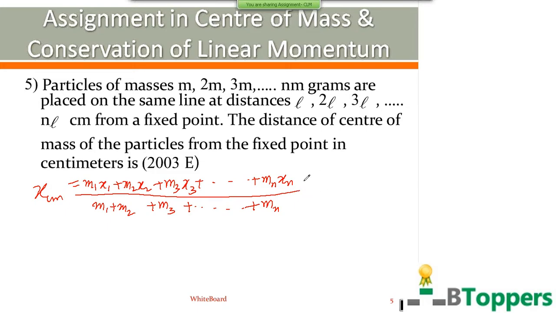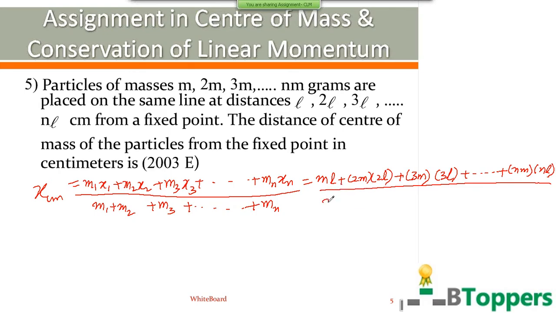Here m1 equals m grams, x1 equals L centimeters, m2 equals 2m grams and x2 is 2L centimeters, m3 equals 3m grams and x3 is 3L centimeters, and so on, mn equals nm grams and xn equals n into L centimeters.